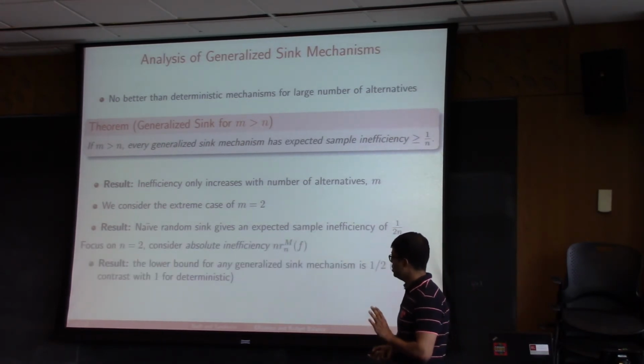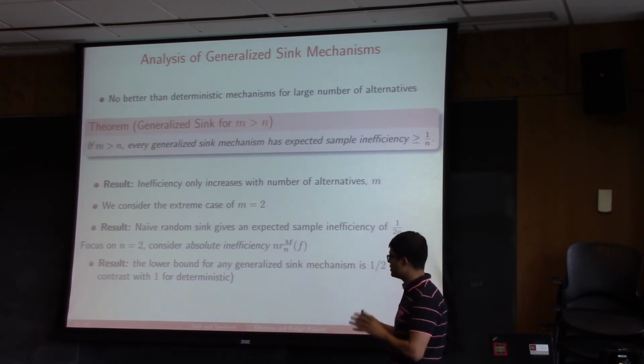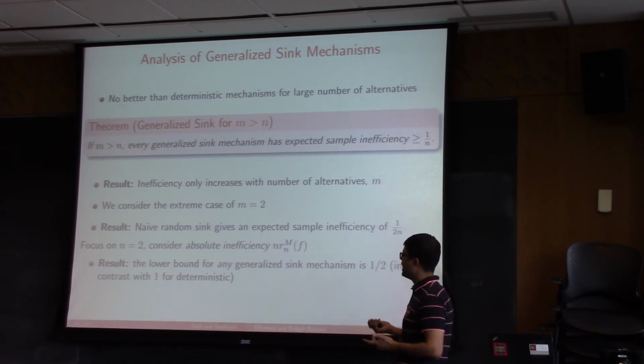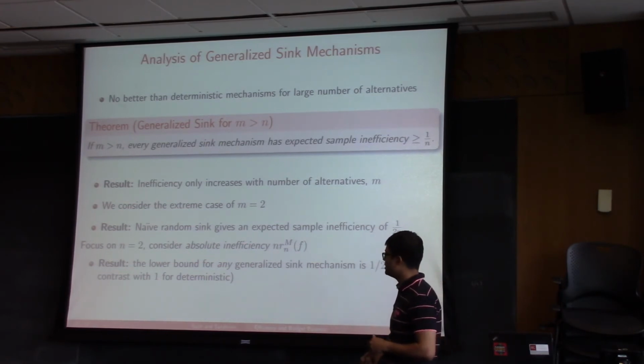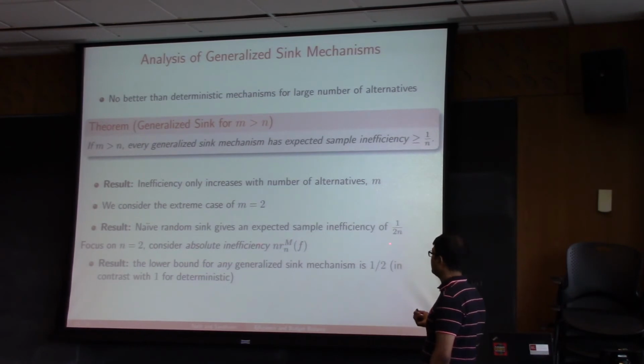Now in order to look at the optimal mechanism, at least in one specific case, we focus on the 2 agent and 2 alternative case and look at the absolute inefficiency, where I am multiplying by n because it does not really matter when we have fixed n. In this metric, the naive random sink will give half, while the deterministic mechanism will continue to give 1 as the absolute inefficiency.